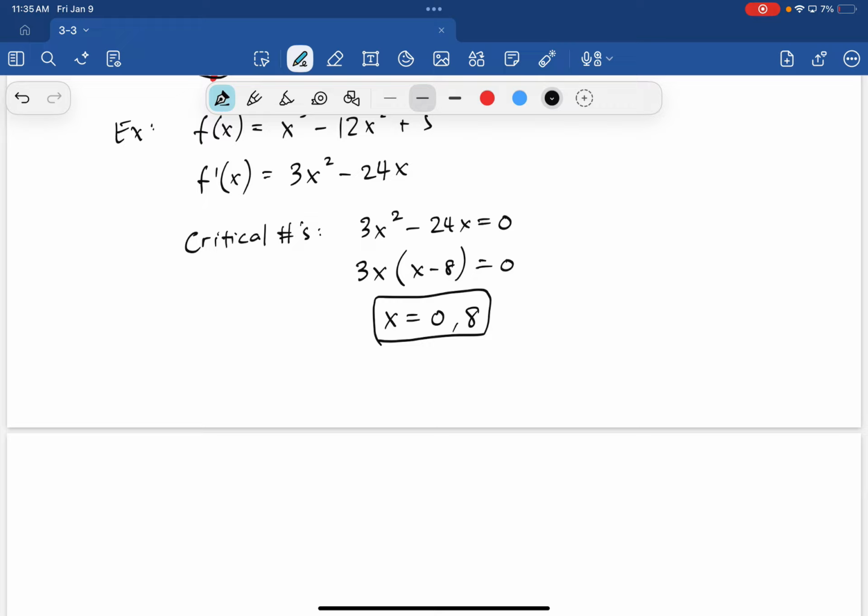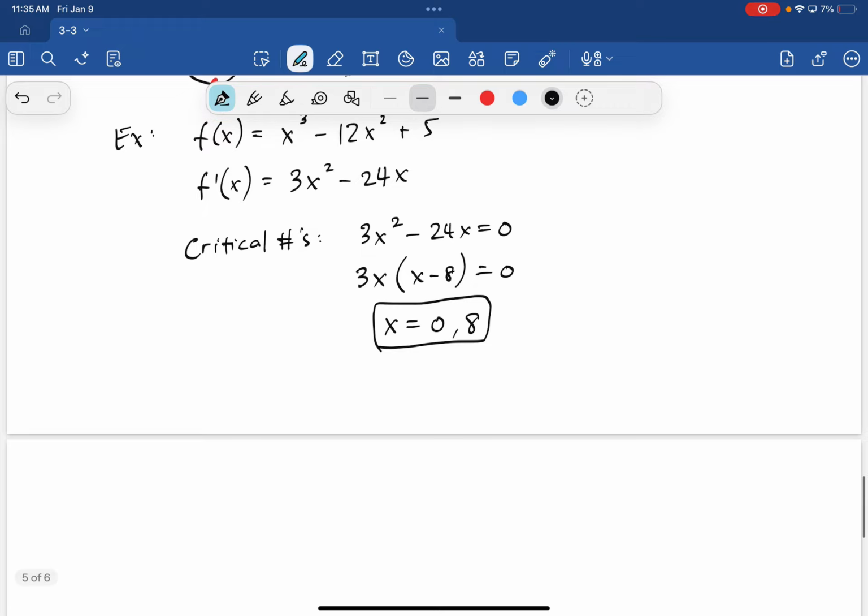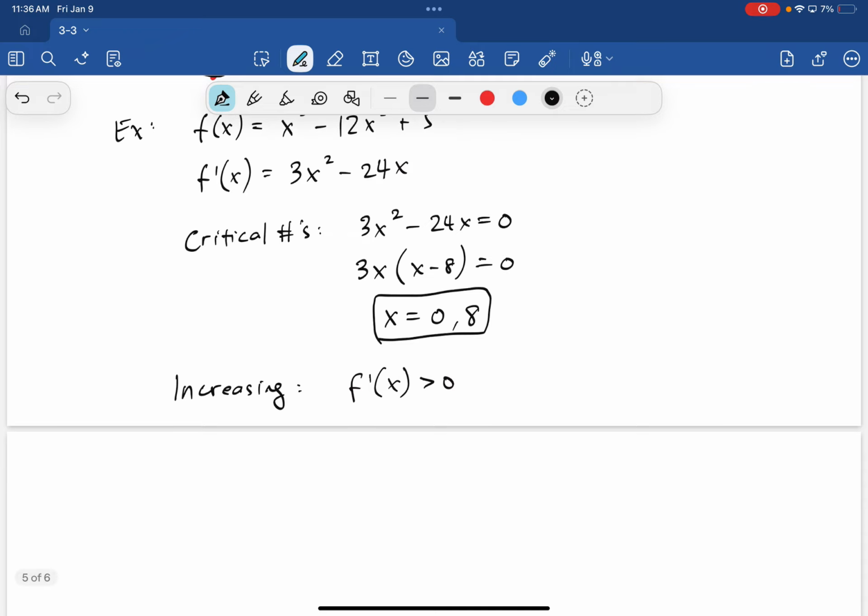All right, so we're going to think about where the intervals are, where it's increasing. And so recall that the function is increasing whenever the derivative is greater than 0, right? And so that means we're looking for the values where 3x squared minus 24x is greater than 0.